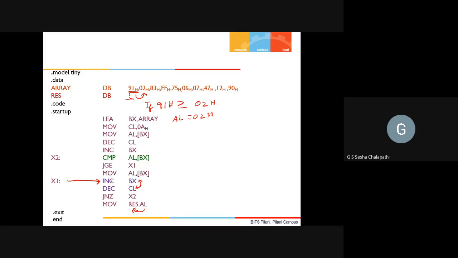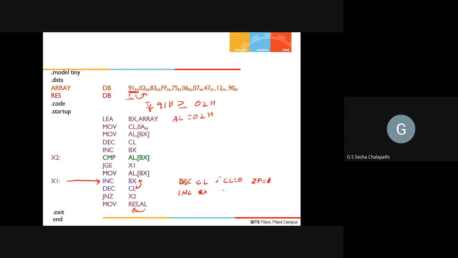Getting it? So it will refer to whatever happens in increment BX. Let us say you actually write decrement CL and then increment BX. Let us say that CL has become 0 and the zero flag has become 1.